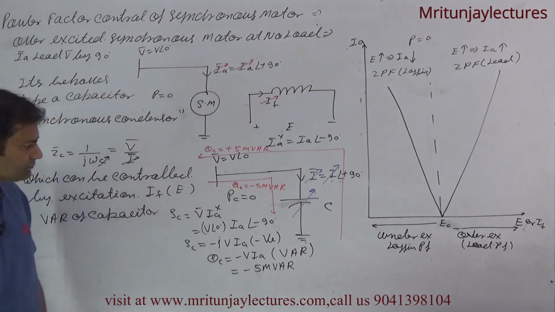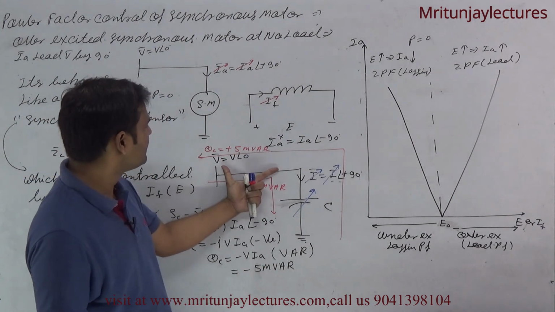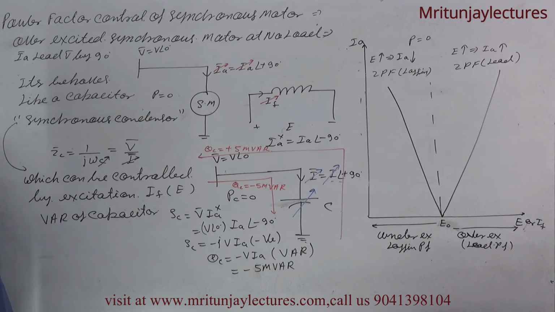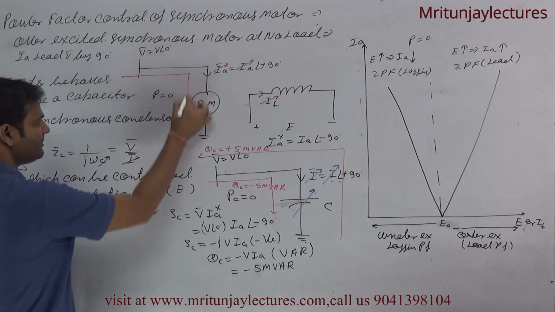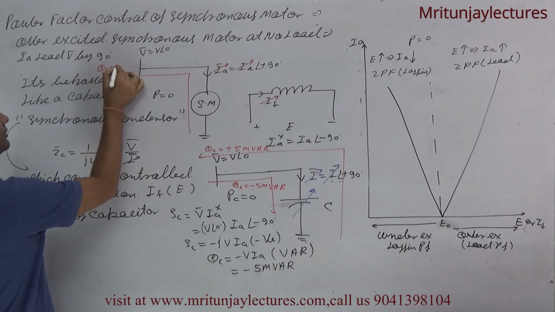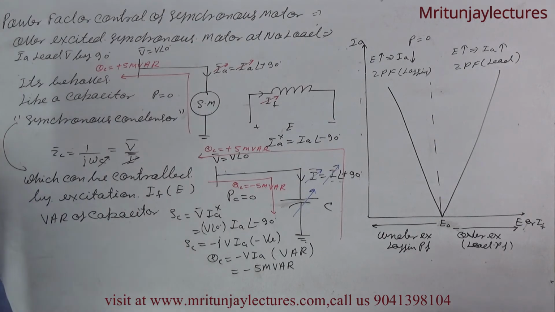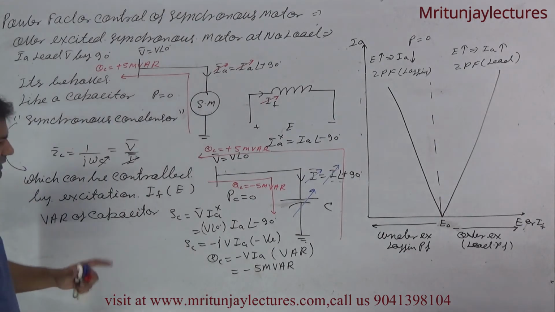Clear? If QC is represented like this or represented here, then QC will equal plus 5 MVA. Both are the same thing, since both represent a capacitor.